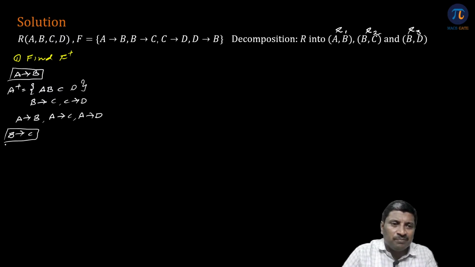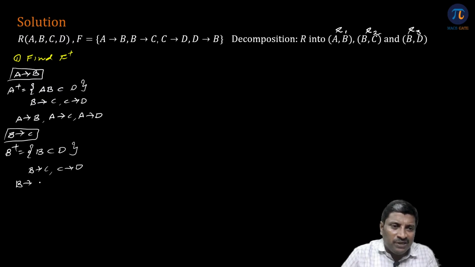B implies C. What is the closure of B? That is B. Then with the B you can get C. With the C you can get D. Anything else? No. So you can write B implies C, B implies D. What about the third one?